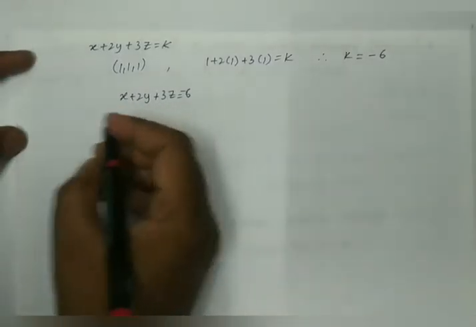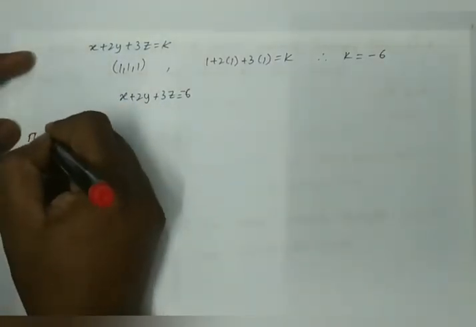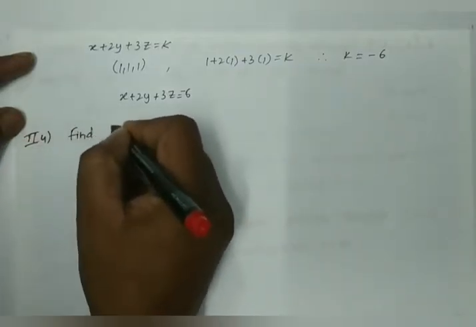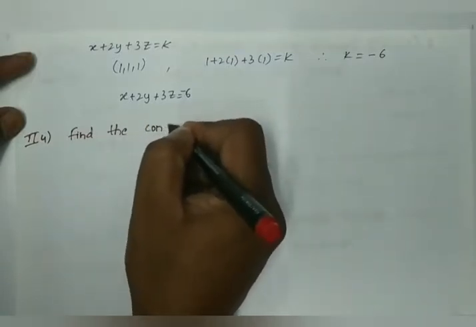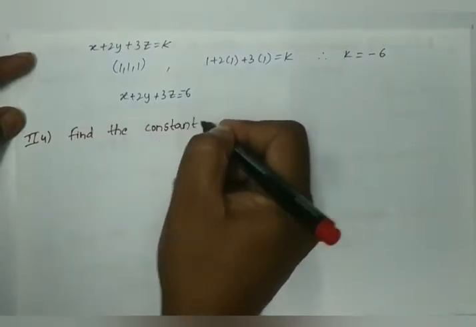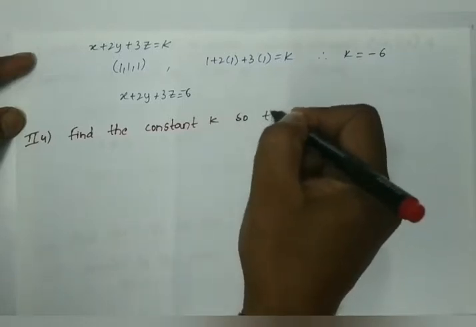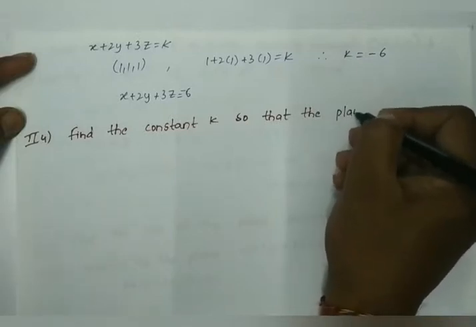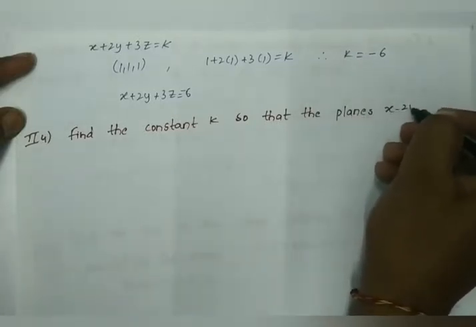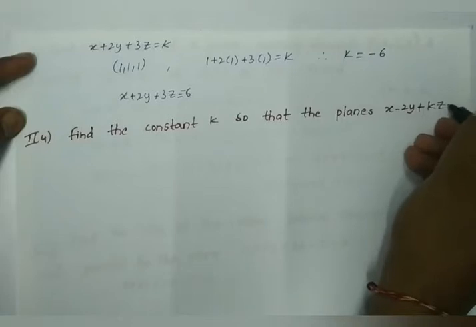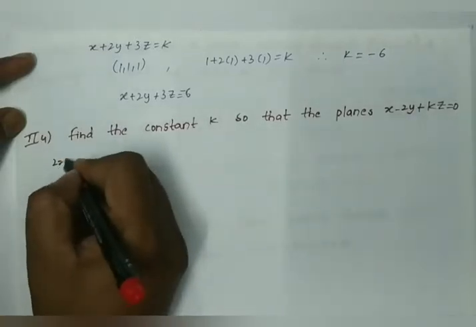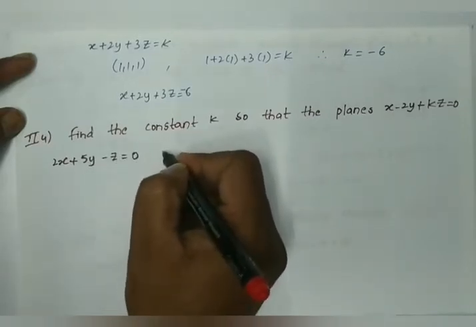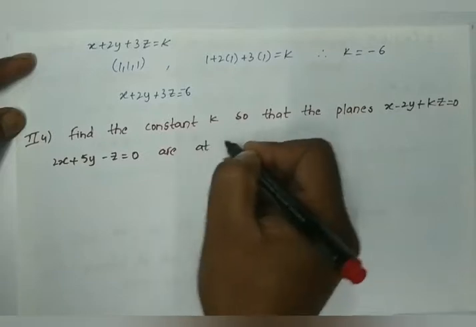Next, let us discuss problem number 4 in second Roman. Find the constant k, show that the planes x minus 2y plus kz is equal to 0 and 2x plus 5y minus z is equal to 0 are at right angle.